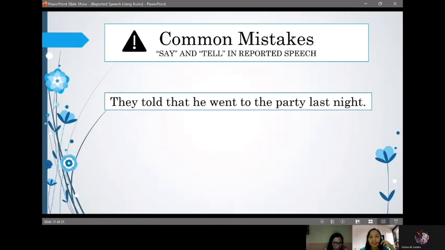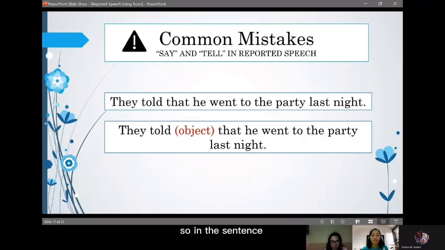I think, ma'am, contrary to the answer of Jillian, there is something missing. Is it the object me? Yes. So in this sentence, the reporting verb used is the verb to tell, right?